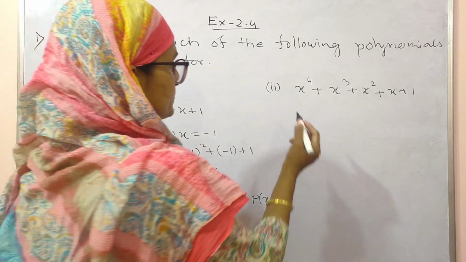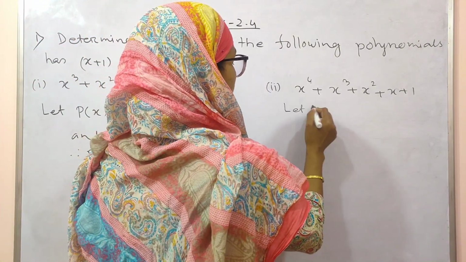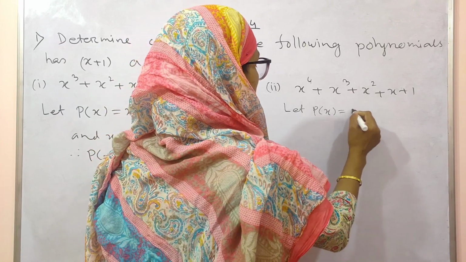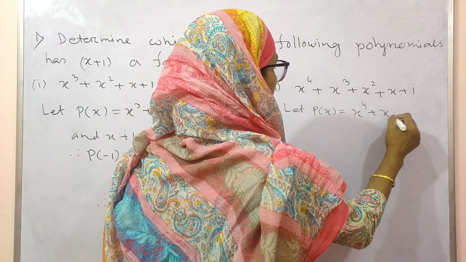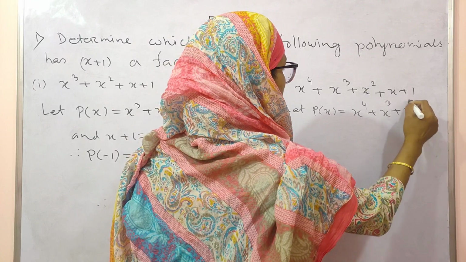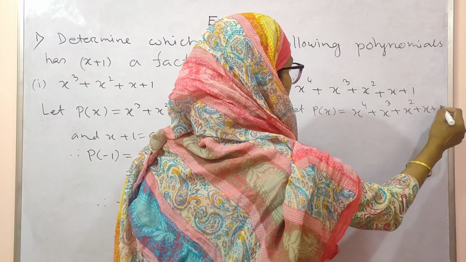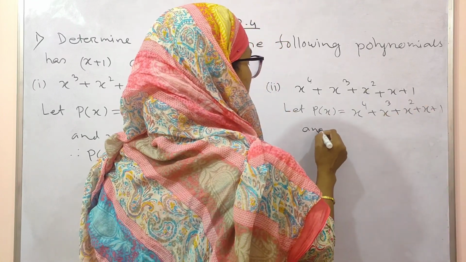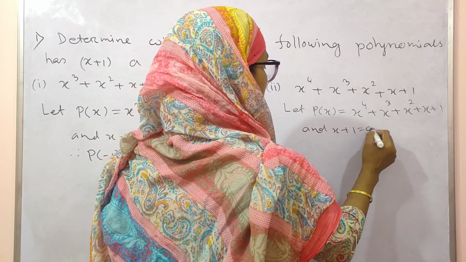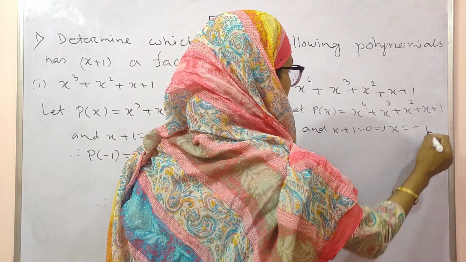Similarly, number 2, let p(x) equal x power 4 plus x cube plus x square plus x plus 1, and x plus 1 equal to 0. We will get x equal to minus 1.